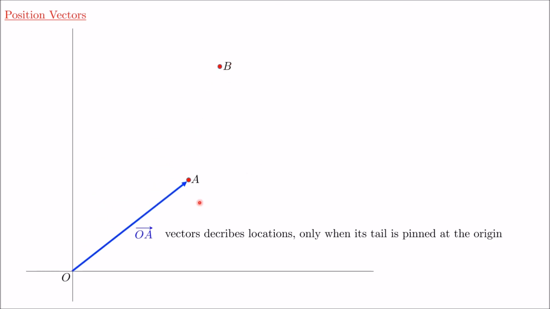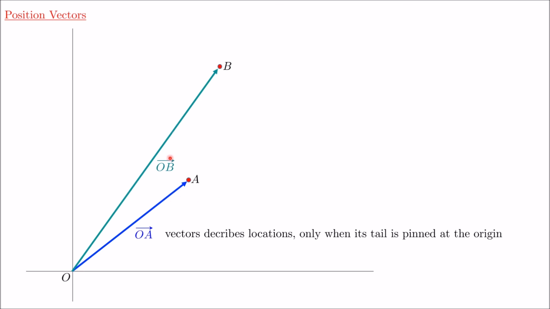So the rule is, if you want to use vectors to describe locations, as a position vector, you have to pin its tail against the origin here. So the position vector of the point B will look something like that. And that's the vector OB. But at the same time, remember, we can take vectors and just move them around.